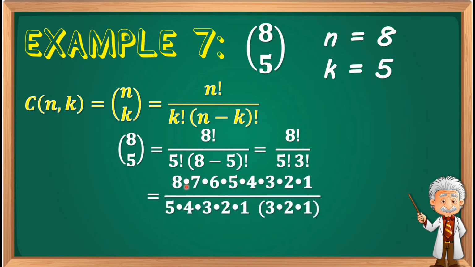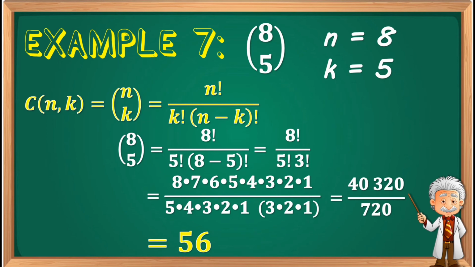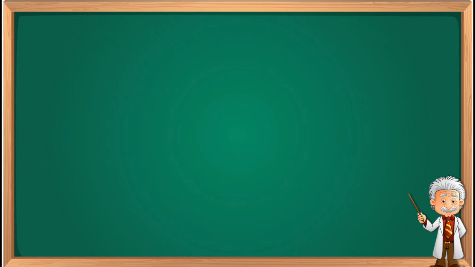So 8 factorial is 8 times 7 times 6 times 5 times 4 times 3 times 2 times 1 over 5 factorial is 5 times 4 times 3 times 2 times 1 times 3 factorial is 3 times 2 times 1. Again, this is the long method. You may use a calculator to shorten your solution. So equals 40,320 over 720 equals 56.